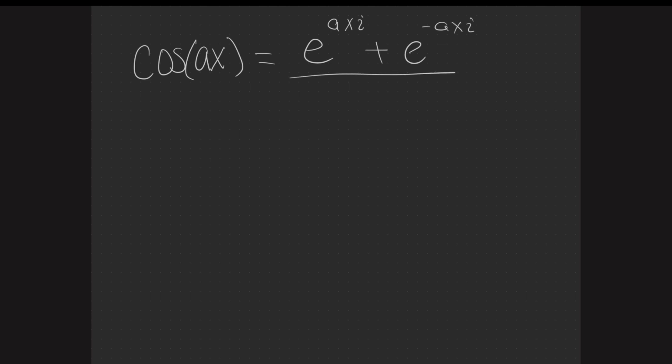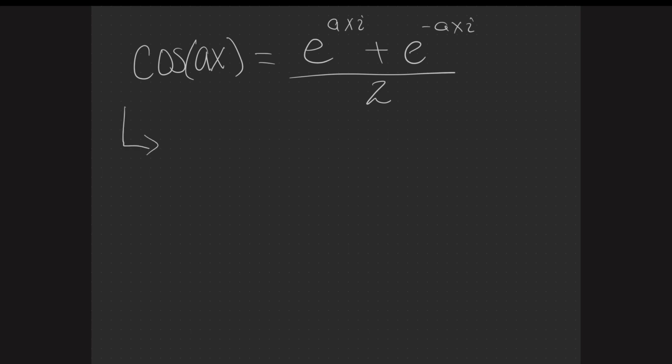But we could also use this. Cosine of ax is equal to e to the power of axi plus e to the power of negative axi divided by 2.